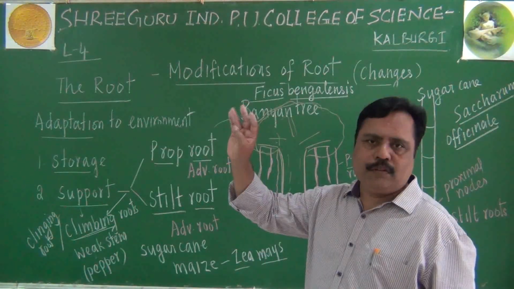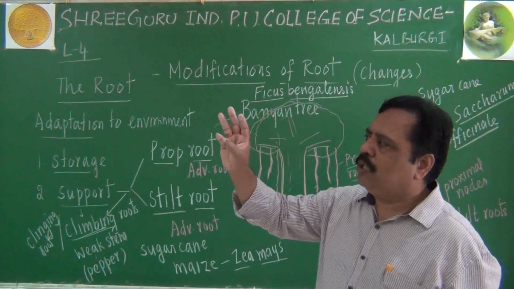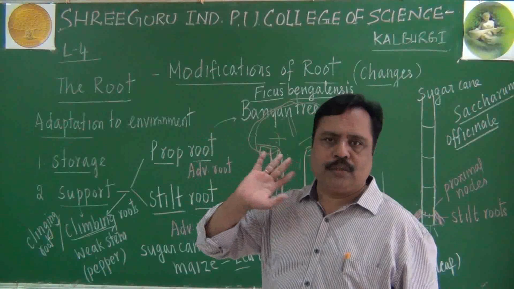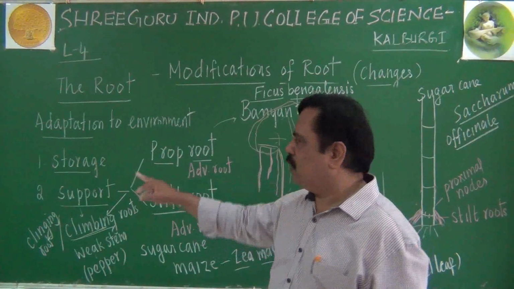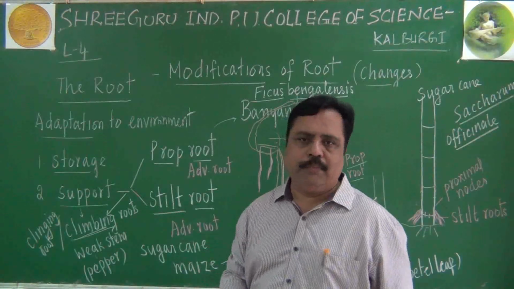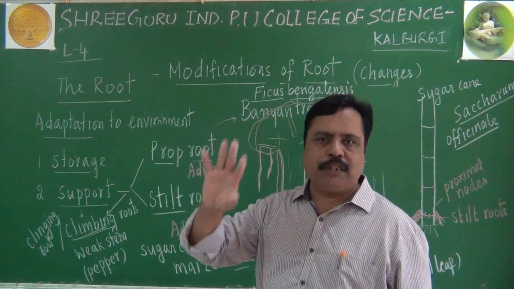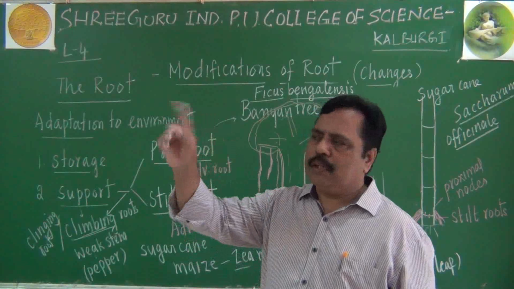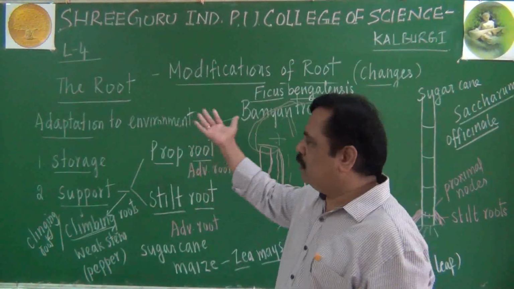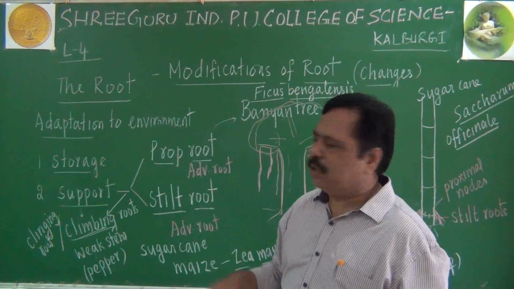So conical, fusiform, napiform, moniliform, fasciculated, root tuber and leguminous root. 7 types are over for storage. For support, prop root, stilt root and climbing roots. 3. 7 plus 3, 10 things. For each one I told you examples also, one, two examples. Remember those examples and modification.